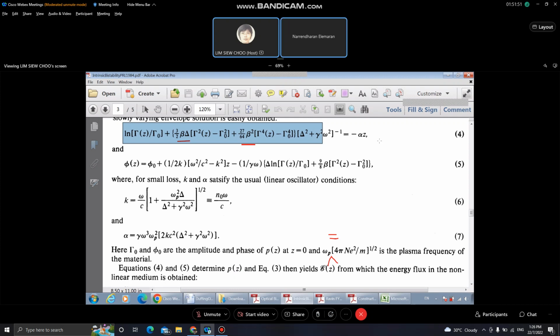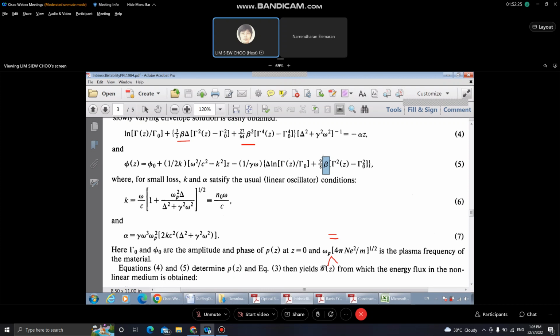You get the idea? Yes, doctor. When you want to plot the graph, you need to put in all these values. All these, the little gamma here, the frequency here, the alpha here, you just put a value. And beta, you just put a value, for example 0.01 or 0.1. 0.01 is a small nonlinearity, because beta will determine the nonlinearity, right?